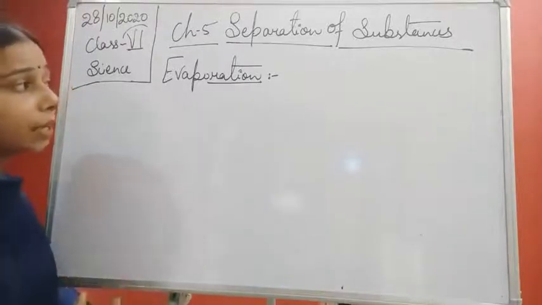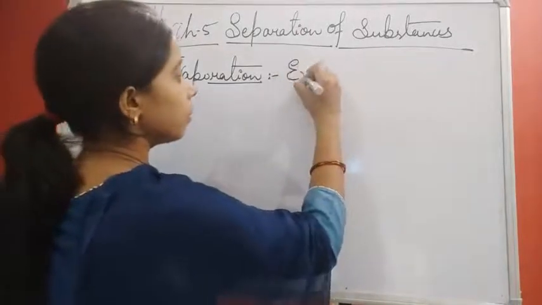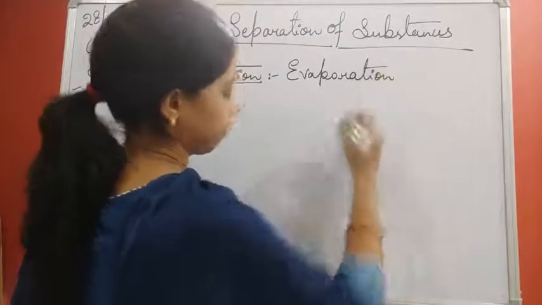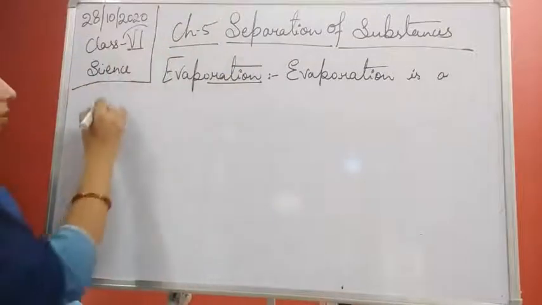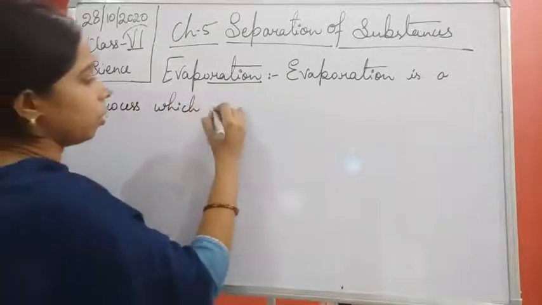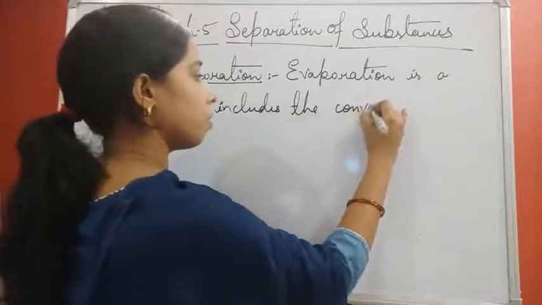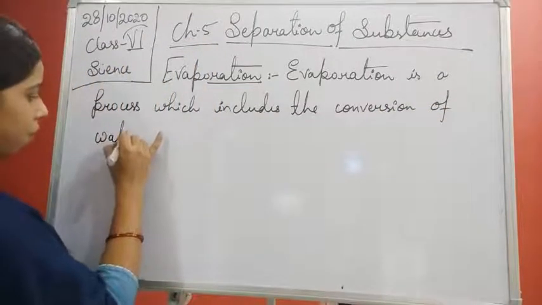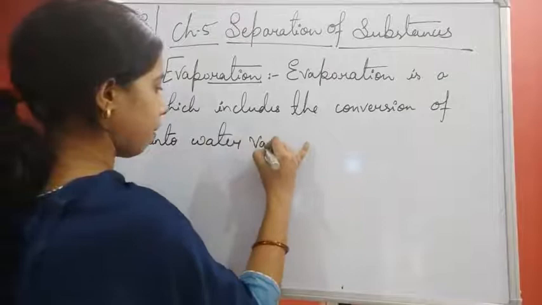So at first, if we have to write the definition of evaporation, students, we will write that evaporation is a process which includes the conversion of water into water vapor.